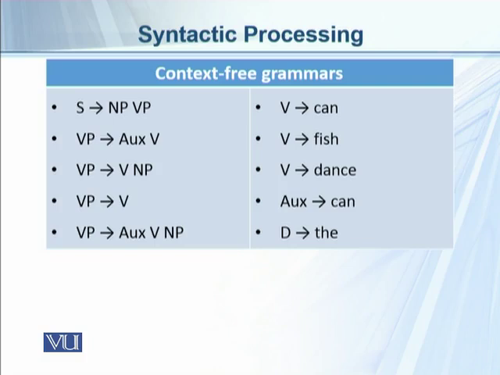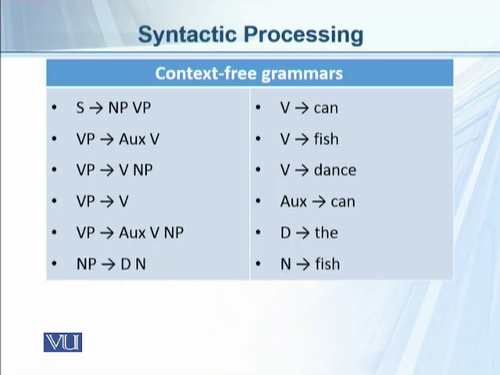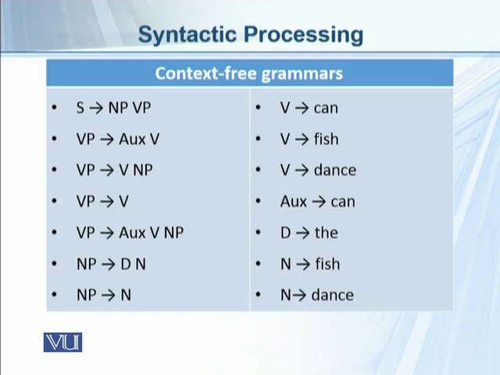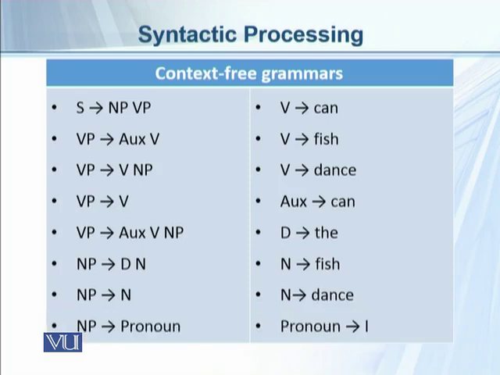So, if you look at this, it has told us that this sentence, in this verb phrase, can have these four verb phrases: VP can be auxiliary plus verb, VP can be verb plus noun phrase, VP can be verb, and VP can be auxiliary plus verb plus noun phrase. Similarly, a noun phrase can be a determiner and a noun, can be a simple noun, and a noun phrase can be a pronoun.